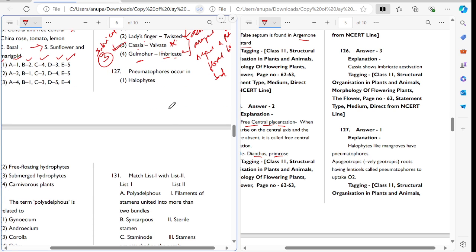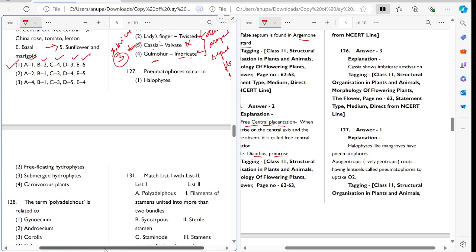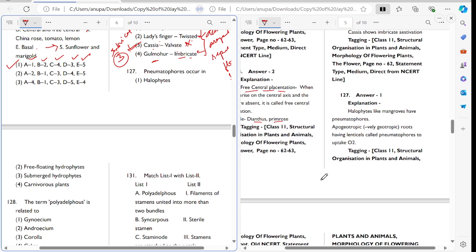Now let's move to the next question, that is question number 127. Question number 127 states that pneumatophores occur in. We know that pneumatophores are modified roots, and these are also known as breathing roots or aerial respiratory roots.